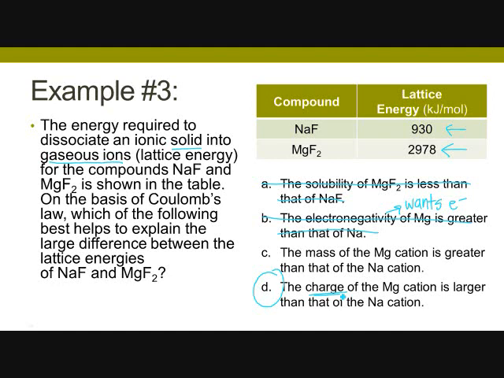The sodium has a +1 charge versus the magnesium has a +2 charge. So since the magnesium has a +2 charge, that makes it bond stronger to the fluorine than the sodium. And that's because it has an extra electron to give to fluorine to create more bonds in that system.